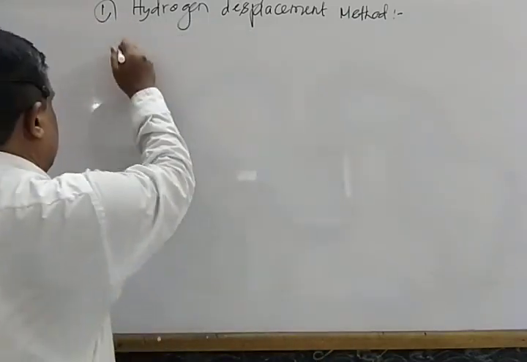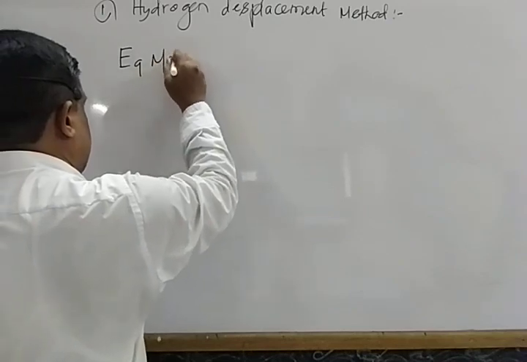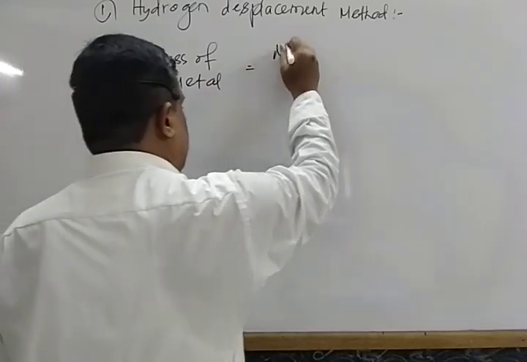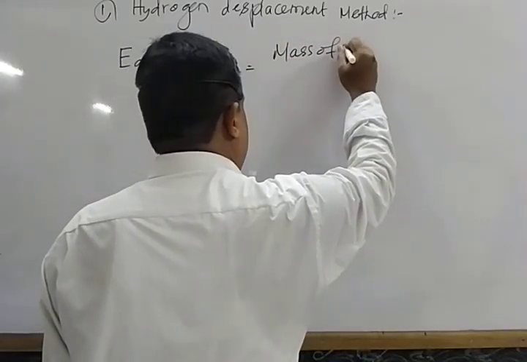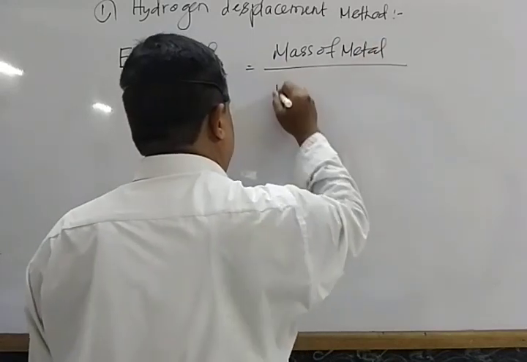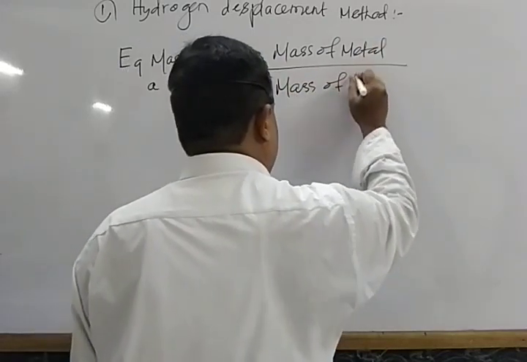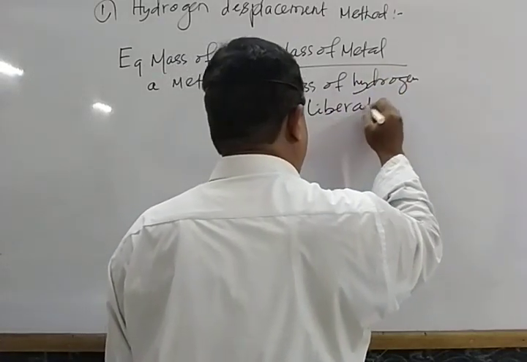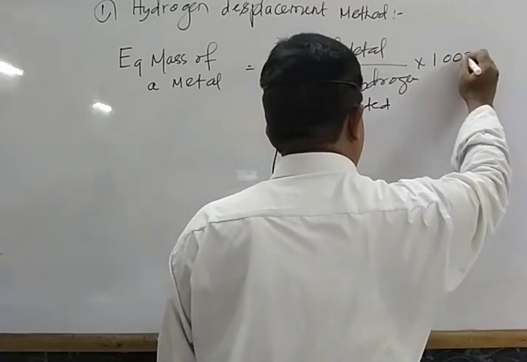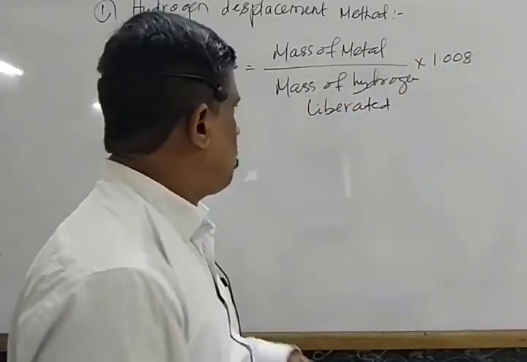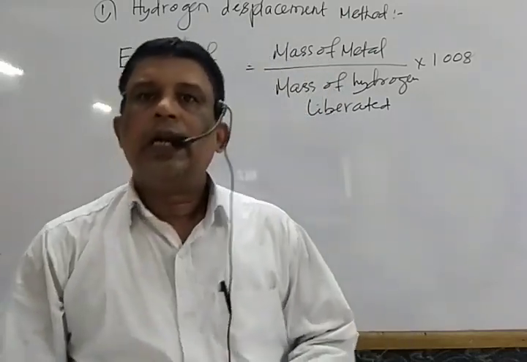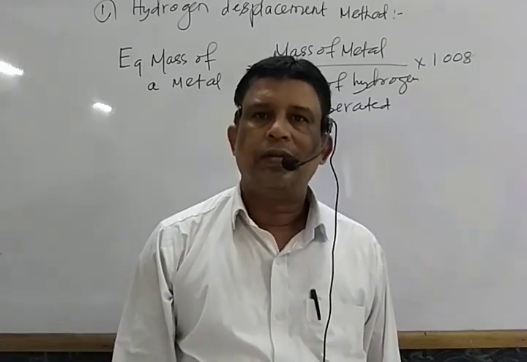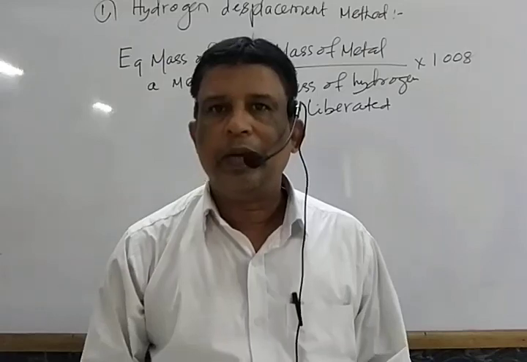According to this method, equivalent mass of a metal is equal to mass of metal divided by mass of hydrogen liberated into 1.008. Mark that. Equivalent mass of metal is equal to mass of metal divided by mass of hydrogen gas liberated into 1.008. Another method is known as oxide method.